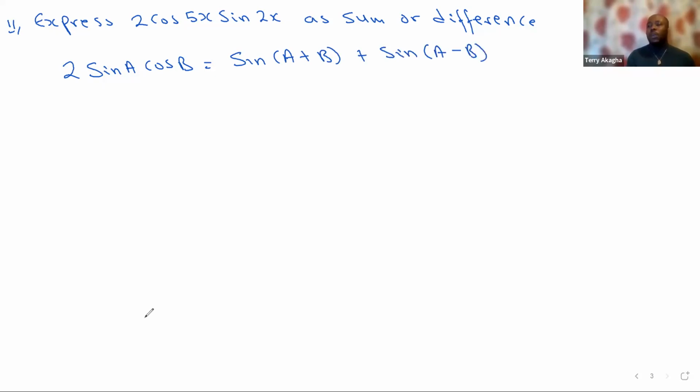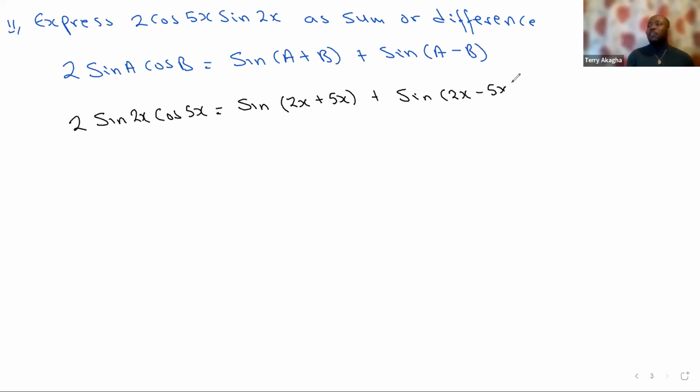So because of that, we can then rearrange this expression to look like this. It will be 2, the sine 2x will come first, sine 2x, then cos 5x. Then we can apply the formula straight up. In this case, our A is 2x, and our B is 5x. It will be sine (2x + 5x) plus sine (2x - 5x).